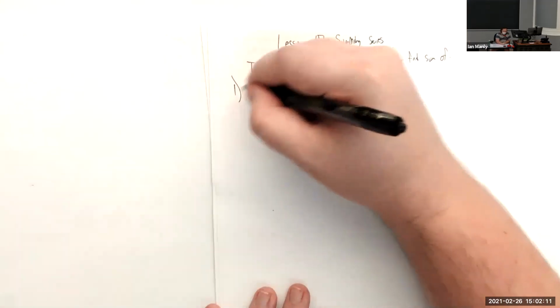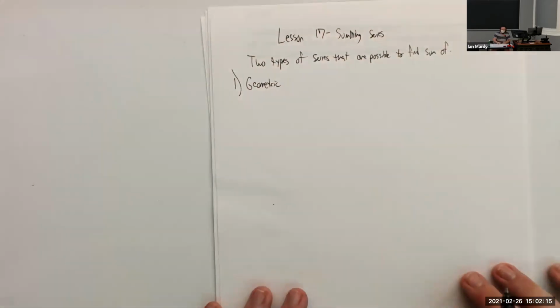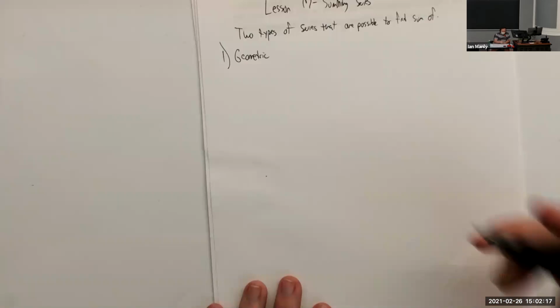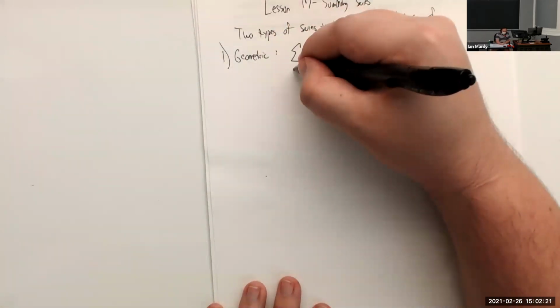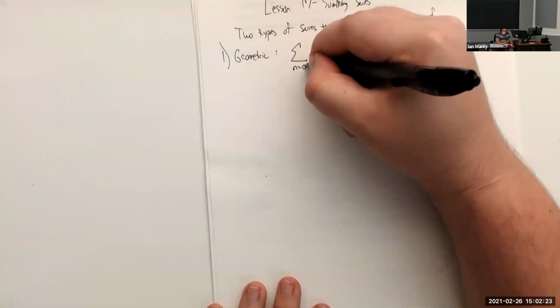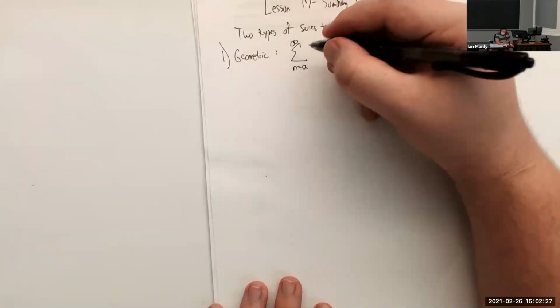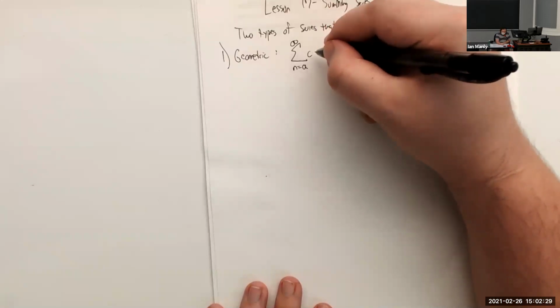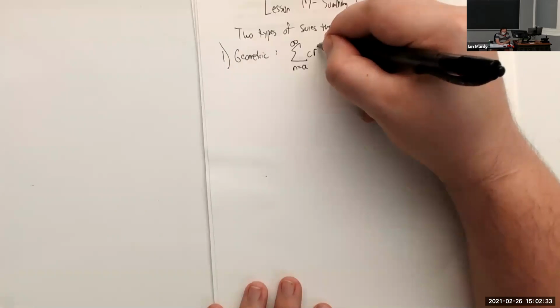The first one are going to be what are called geometric series. All right, so what is a geometric series? It's a series that looks like this: the sum from n equals some starting number a to infinity of c times r to the n.